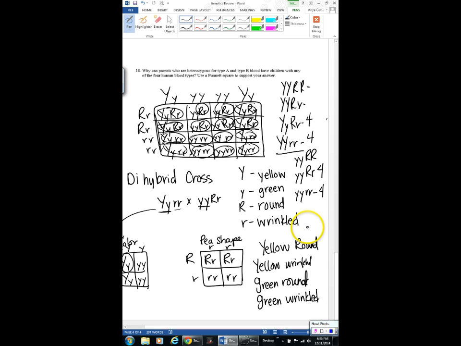So yellow and round, we have 4. Yellow and wrinkled, we have 4. Green and round, we have 4. Green and wrinkled, we have 4. So our ratio for a dihybrid cross is 4, 4, 4, 4.